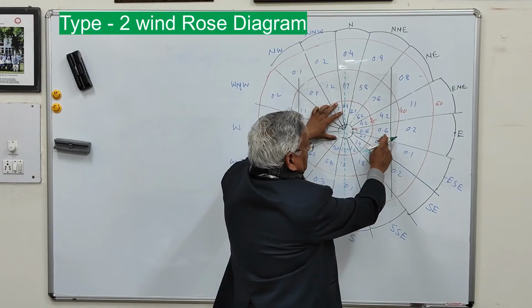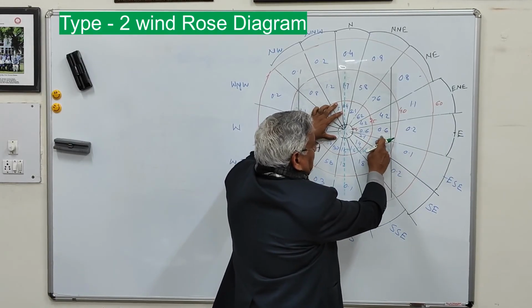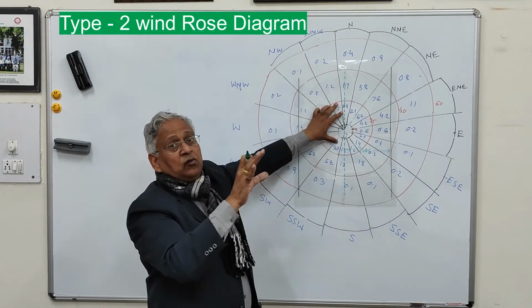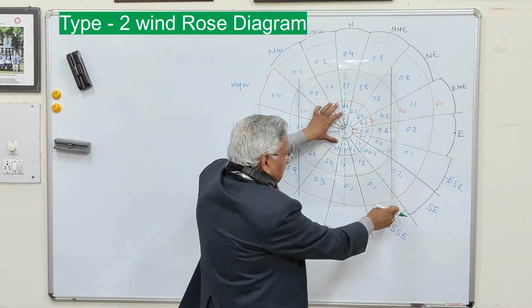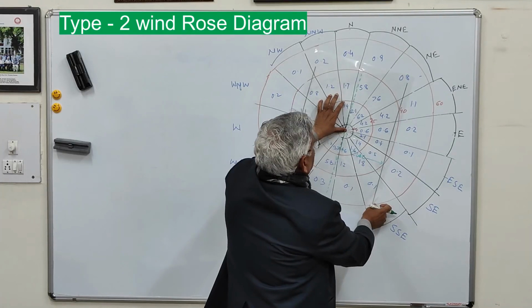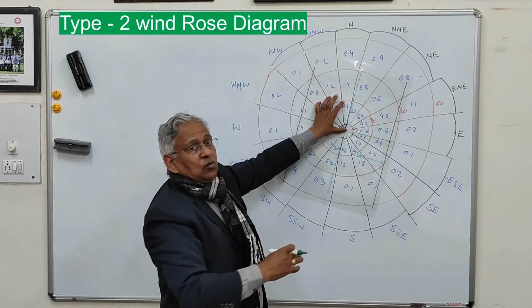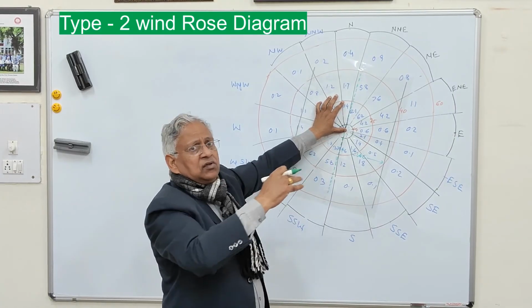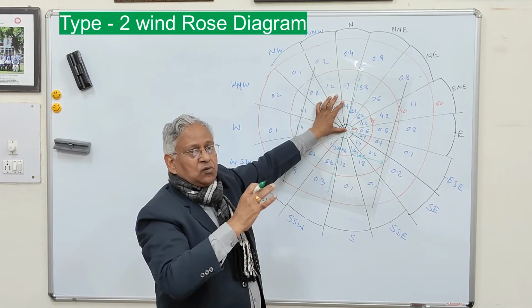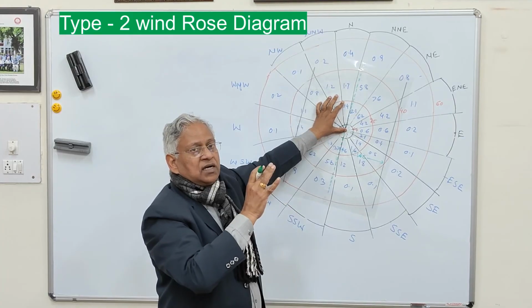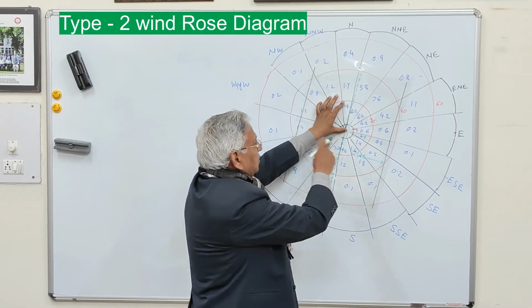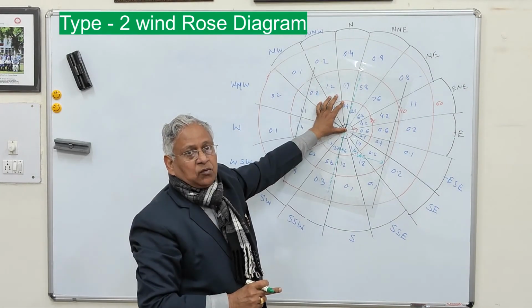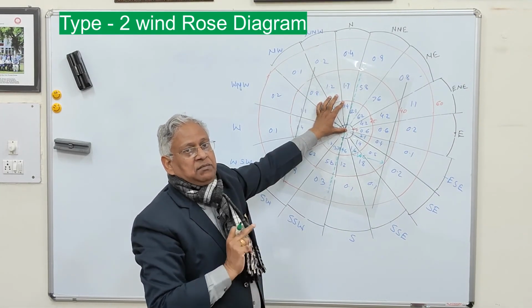Say for example here 0.6, this is cut partially, so you take only 0.4. Take the sum of all these values. Then rotate this about the center and again count all these values and take the sum. Make 3-4 trials till the total sum of all values inside the outer lines of the transparent sheet is maximum.